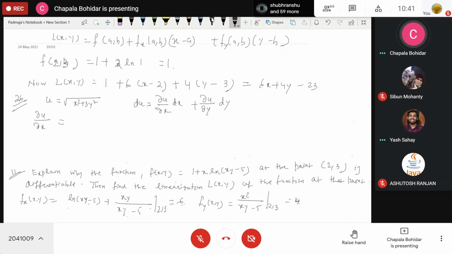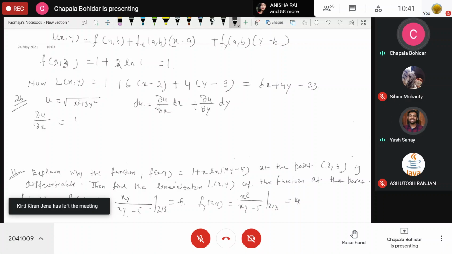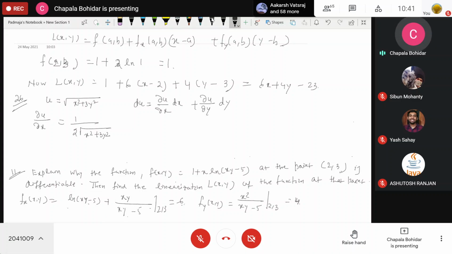What do you get? It is 1 by 2 root over of x square plus 3y square. Then the derivative of this is 2x, so we will get x by root over of x square plus 3y square. Isn't it? Yes, ma'am.